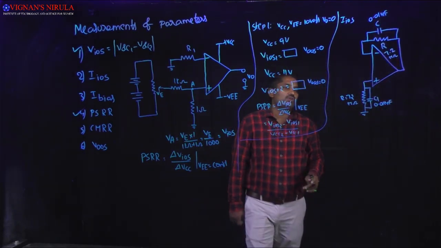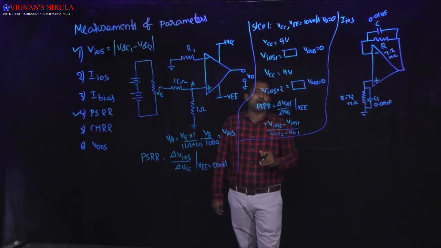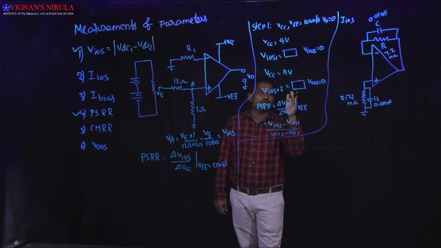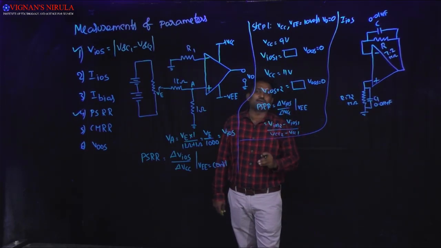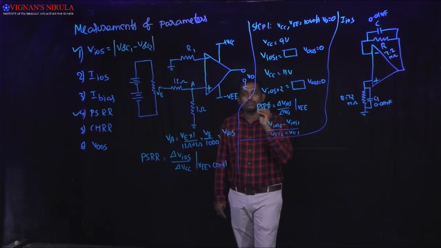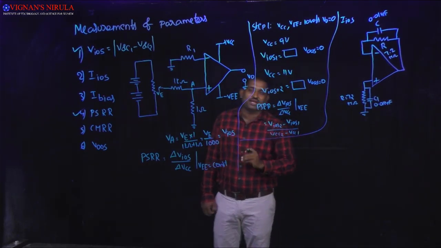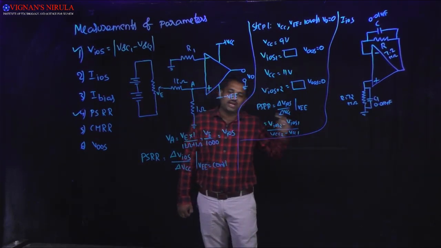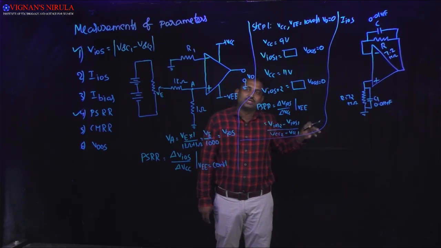Now this is the closed loop op-amp which is going to be used for the measurement of input offset current. First of all, we have to know what input offset current is. When both the input terminals of an op-amp are connected to ground, we should get the output voltage as 0.